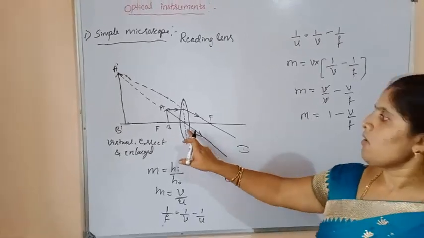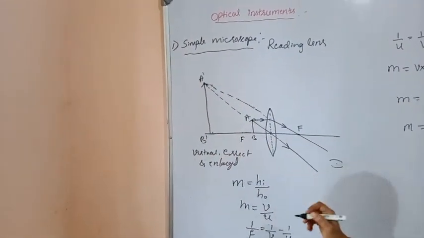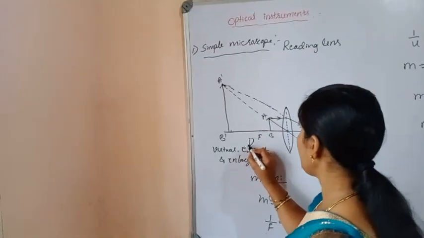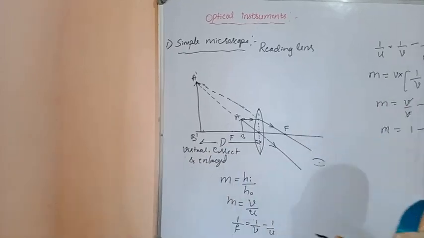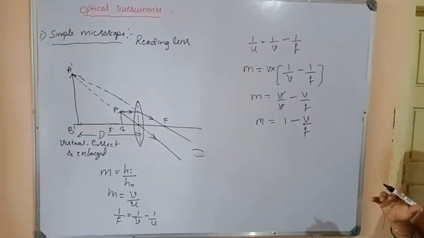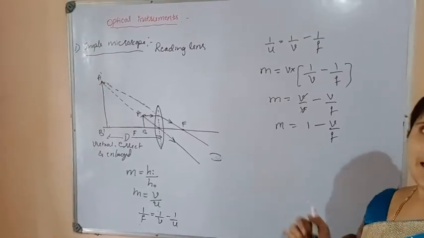Here the image of the object AB is formed at the distance of distinct vision. Distinct vision means the minimum distance at which the object can be seen clearly.